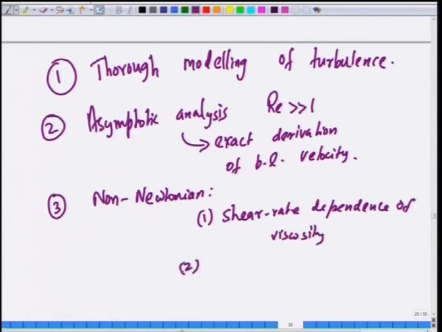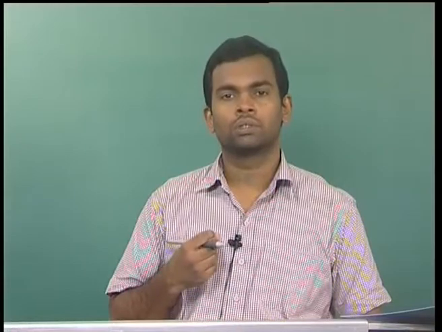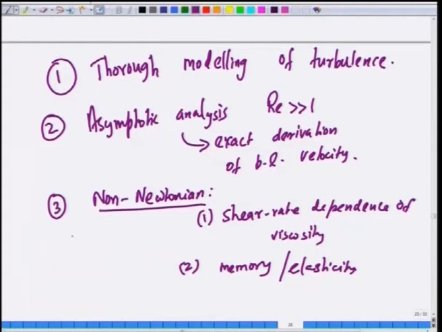And secondly, they also show memory effects, they also show elastic effects. So, they are not purely Newtonian fluids in the sense that they are not purely viscous liquids, they have both viscosity and elasticity. That is why they are called viscoelastic fluids, and many chemical engineering applications involving polymeric liquids such as molten polymers or polymer solutions are in fact non-Newtonian, and in many chemical engineering processes it is very important to understand the fluid mechanics of non-Newtonian fluids.